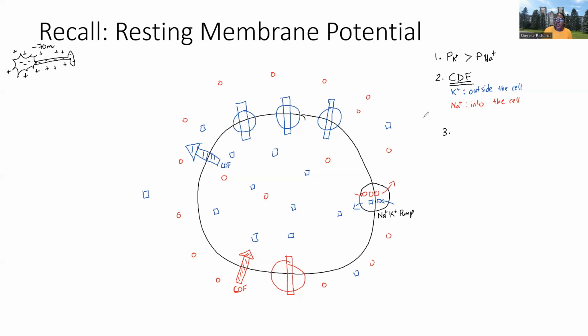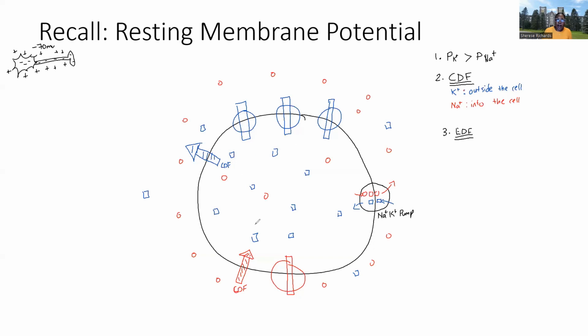Okay, now as far as our electrical driving force, that is going to be based upon the polarity of the cell. It's going to be based upon the charge of the particle in question, as well as the polarity of the cell. So here, because we have established that potassium is leaving and it has more opportunities to do so, sodium is coming in with less opportunities to do that.